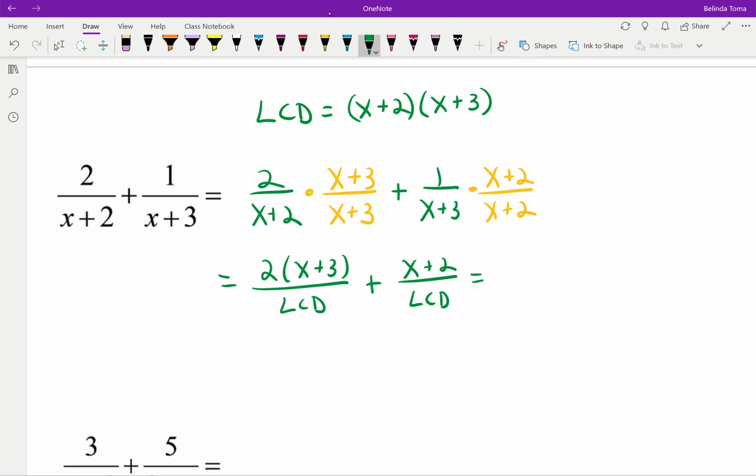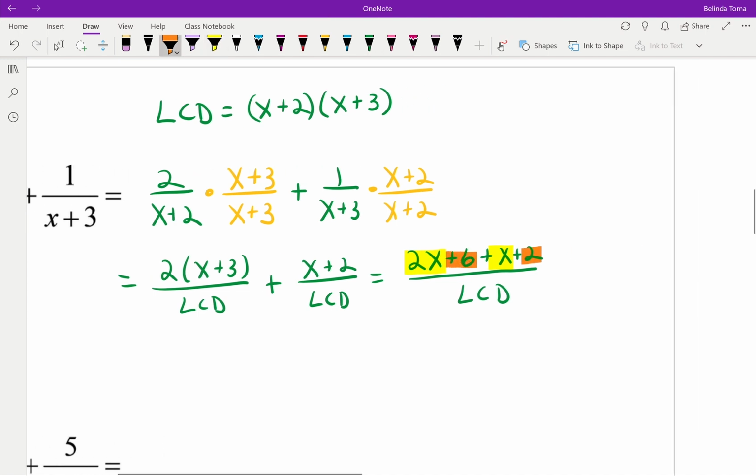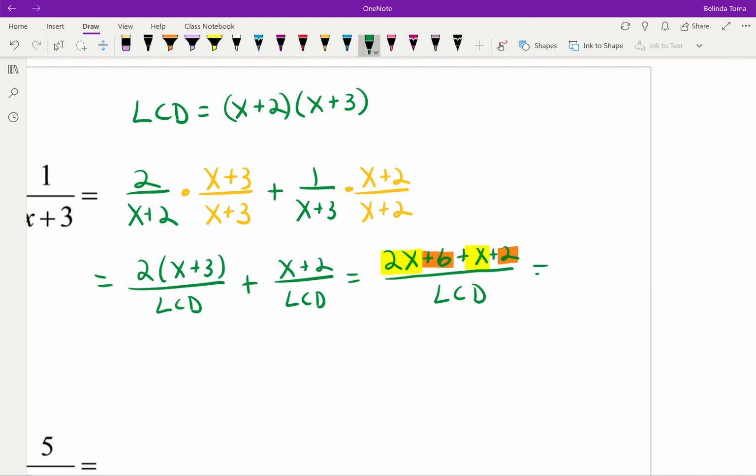Once I distribute the 2 to the x plus 3, I get 2x plus 6 plus the x plus 2 all over the common denominator. So now I'm going to be combining like terms, 2x plus x and 6 plus 2, and that will lead me to 3x plus 8, and now I'm going to go back and use the LCD that we defined, the quantity of x plus 2 times the quantity of x plus 3.